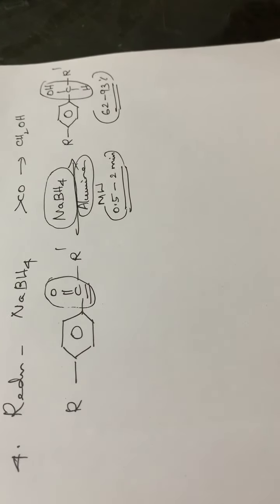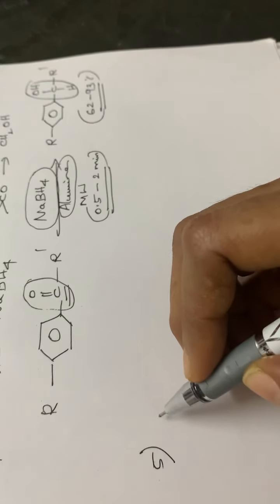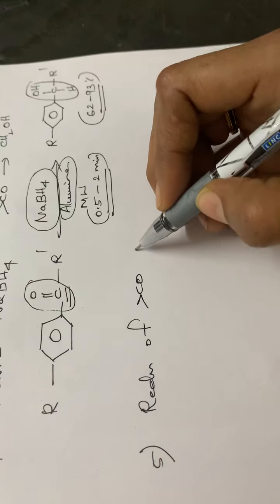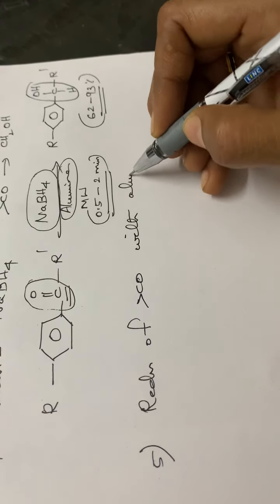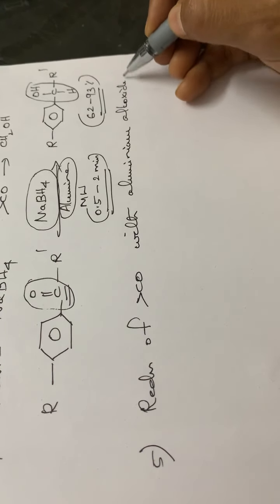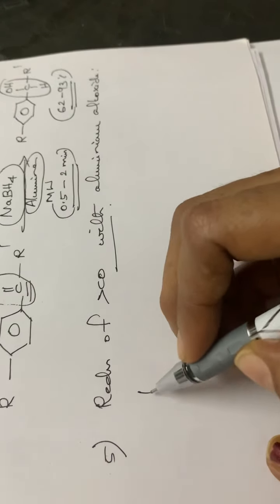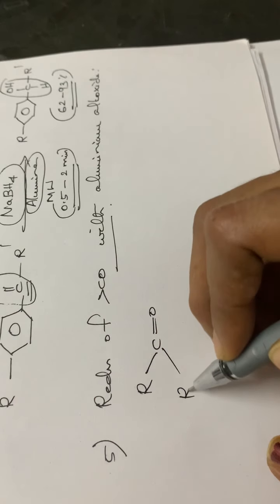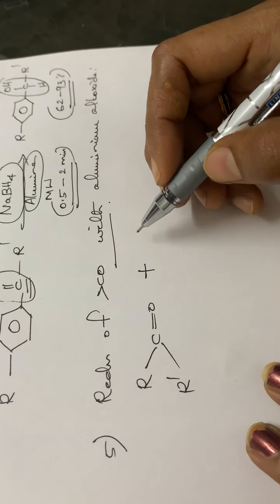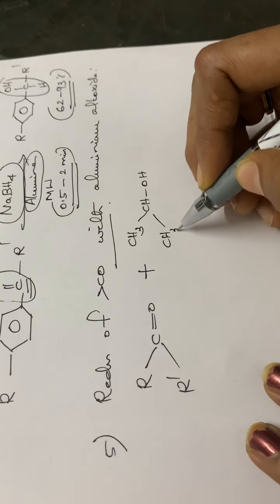Then the next is the last reaction, that is the reduction of carbonyl compounds, that is CO group, with aluminium alkoxide. See here, a keto group R C double bond O R dash, a ketone, plus isopropyl alcohol, that is CH3 CHOH CH3.